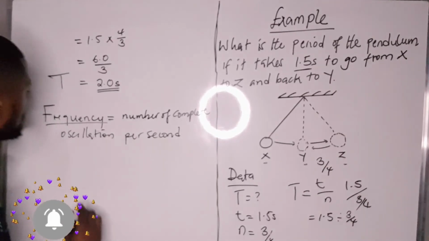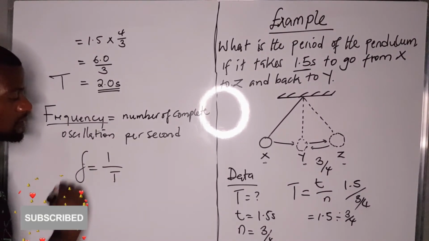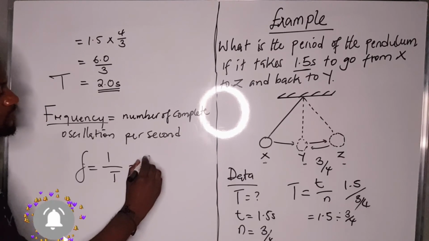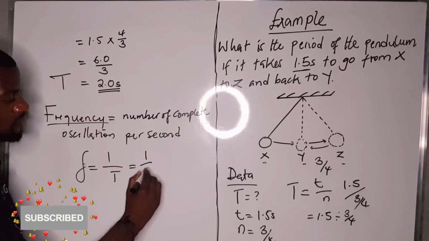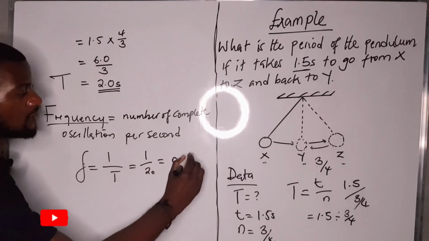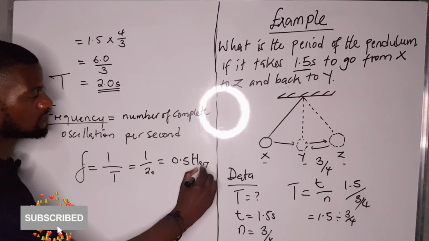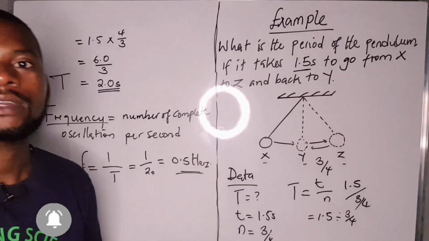Therefore, frequency is given by 1/t, which is equal to, if we use this one, 1/2.0, which will give us 0.5 Hz. So this is our frequency.